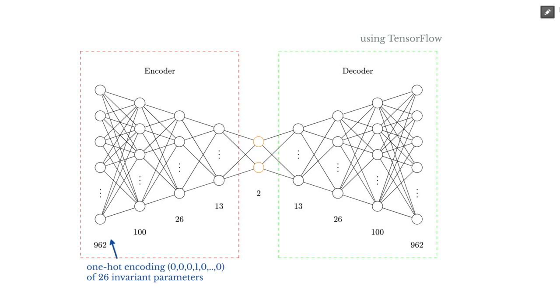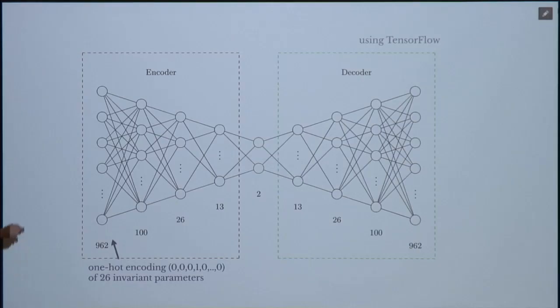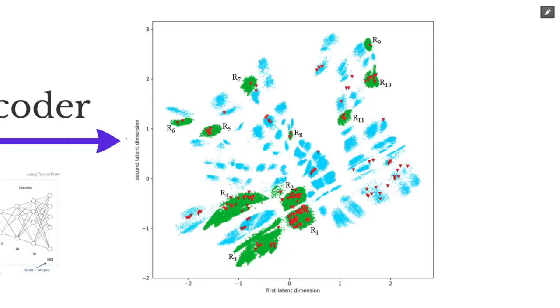Then we reduce the layers to a bottleneck of 2 dimensions, and then we have the decoder again. We train the network on a training set of around 400,000 consistent string models, such that input and output agree. Then for each string model, we read out these 2 parameters and plot them as the coordinates in a 2-dimensional picture. This is how the 2-dimensional picture looks.